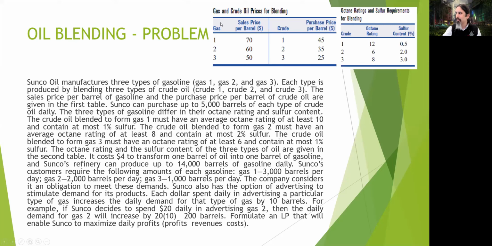I use like 12 times x11, if I is the type of crude oil, and the second one, J, is for the type of gas. Okay. 12 times x11 plus 6 times x21 plus 8 times x31 divided by the total of xij, and we add up all of the i's.